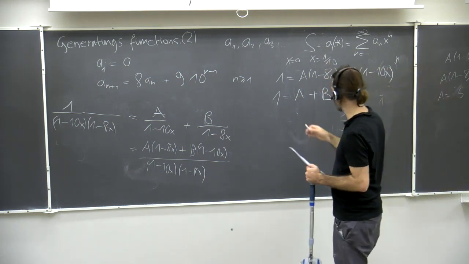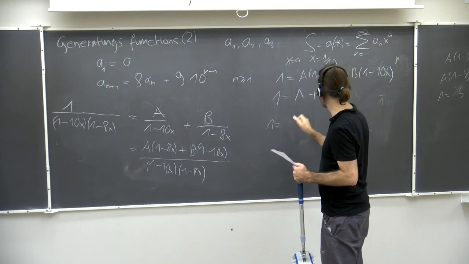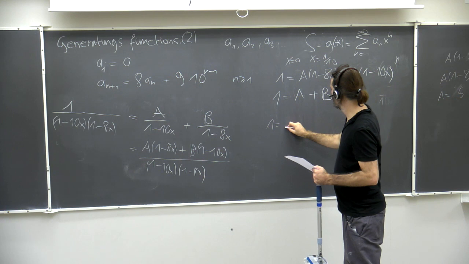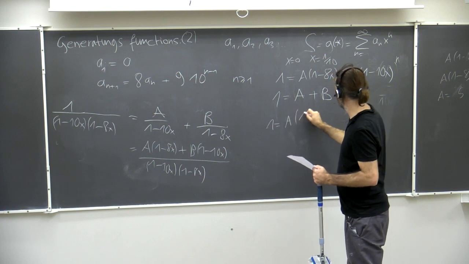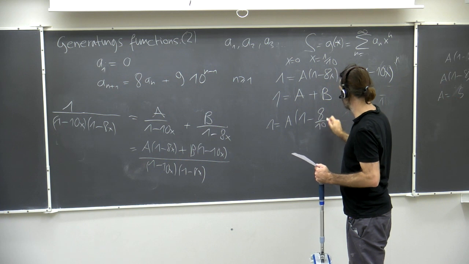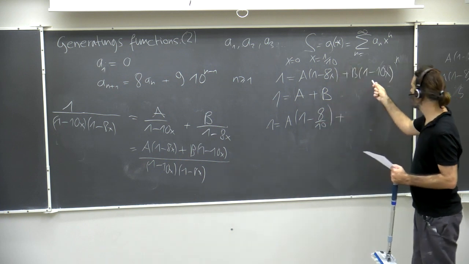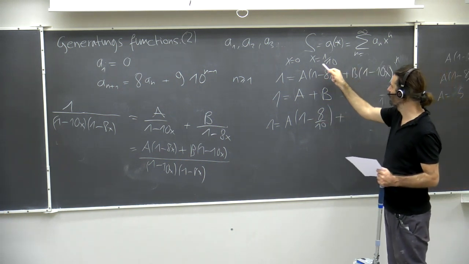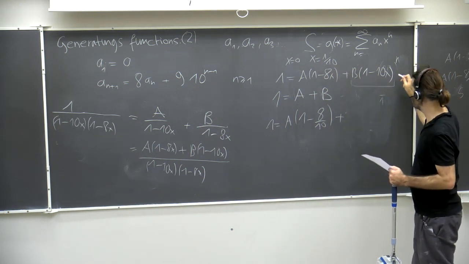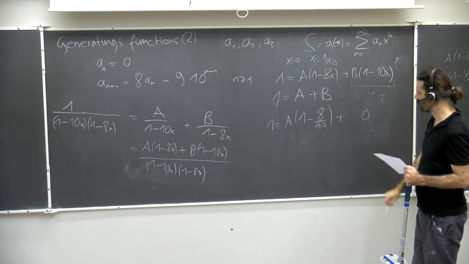So the value we plug in gives us 1 should be equal to a times (1 minus 8/10) plus... but I chose x to be smart such that if I plug it in, this entire second term becomes 0.